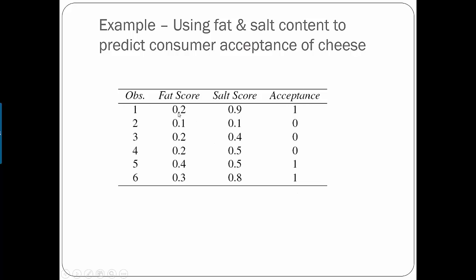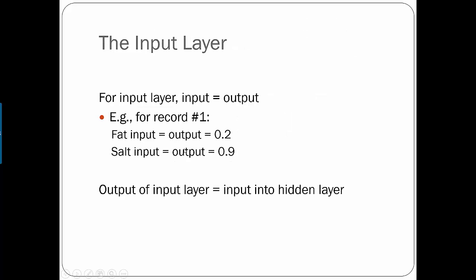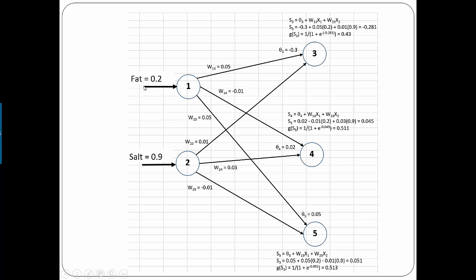The very first observation has a value of 0.2 for fat score and 0.9 for salt score, and the y value is 1 for target. So here is fat equal to 0.2, salt equal to 0.9 coming in.